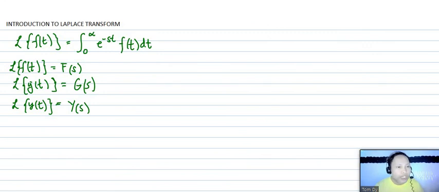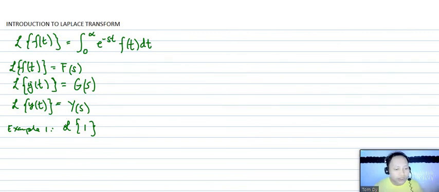So when we apply this formula, for example, let's say example 1. We're going to find the Laplace transform of, let's say, 1. So any number.